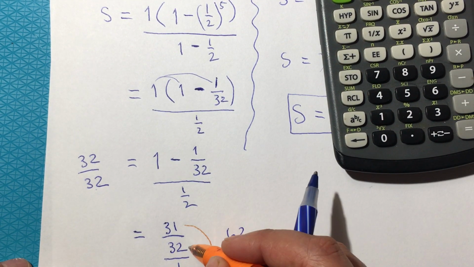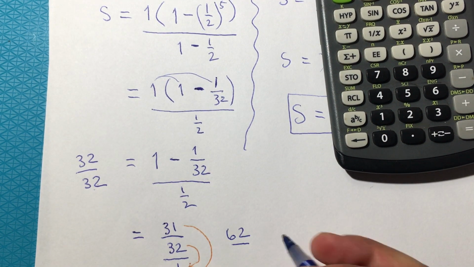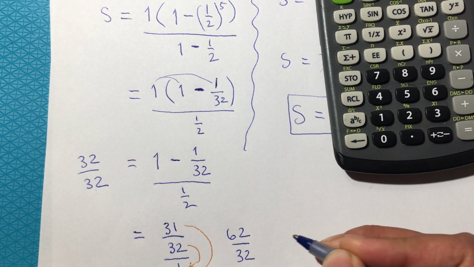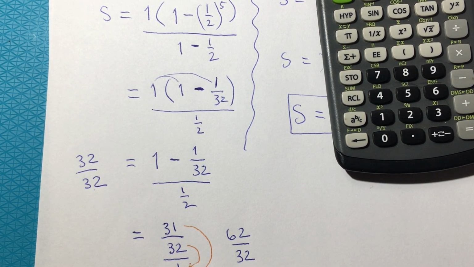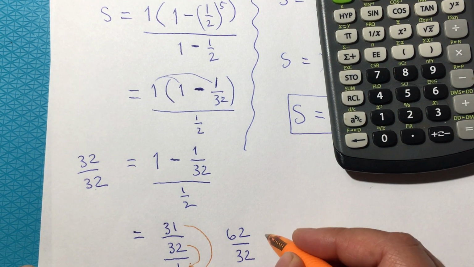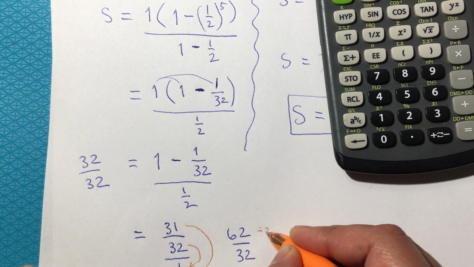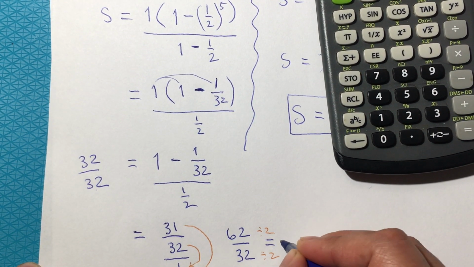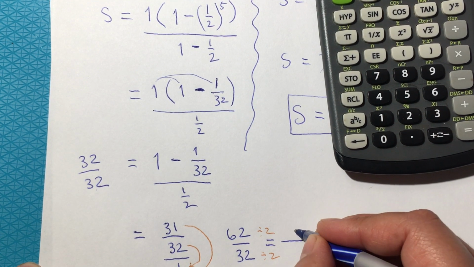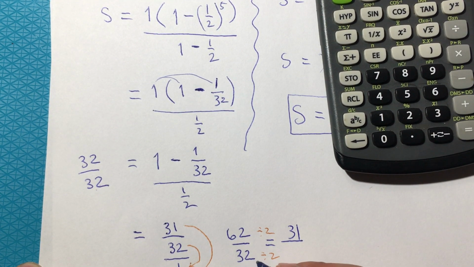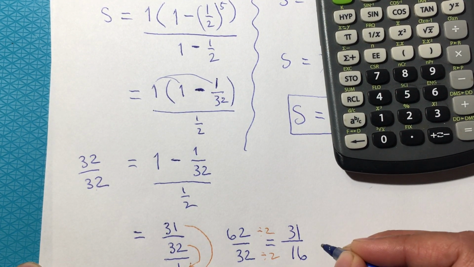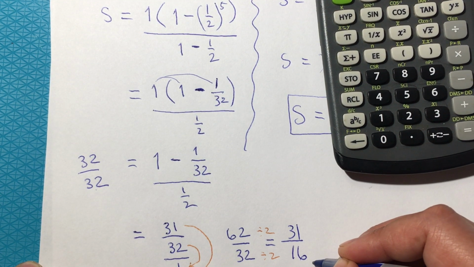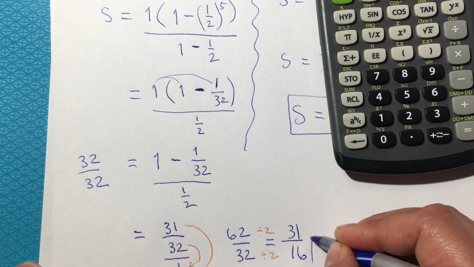And 32 times 1 is 32. We simplify by dividing by 2, just because both are divisible by 2. And so 62 divided by 2 is 31. 32 divided by 2 is 16. And that'll be the answer as an improper fraction.